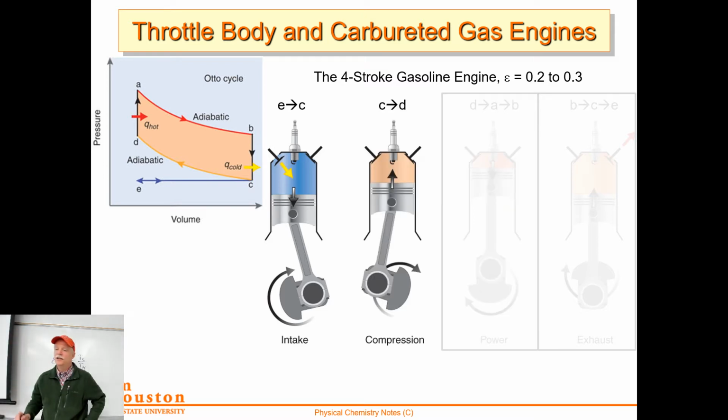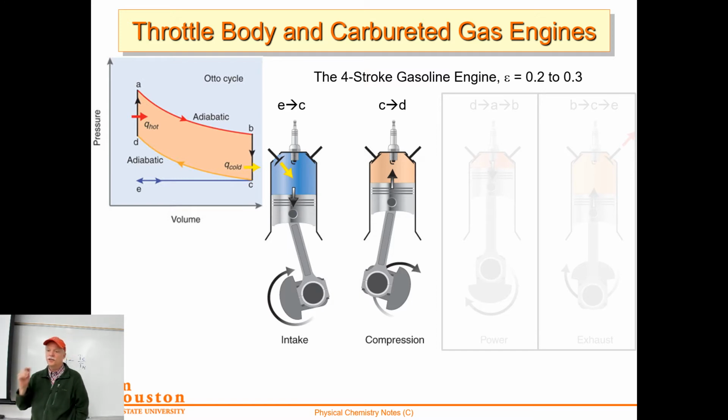So we have intake stroke, compression stroke, and then what happens to cause the pressure to jump up? We're at the minimum volume now, and the pressure dramatically increases. We ignite the heat. Yeah, we spark the spark plug.